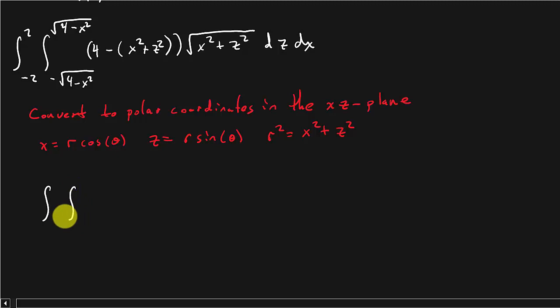Remember, we'll have to change our bounds also, won't we? We'll change the bounds last. Let's plug this in. So I've got 4 minus what? 4 minus r squared, right?